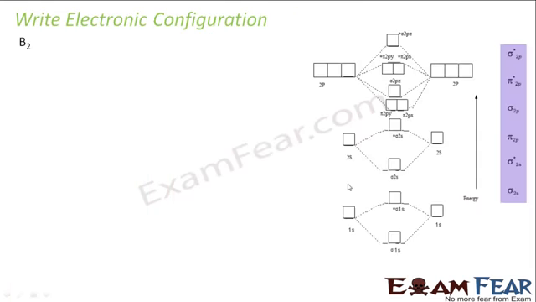Let's draw the electronic configuration for boron. The boron molecule will have 10 electrons, 5 into 2, it's 10 electrons.